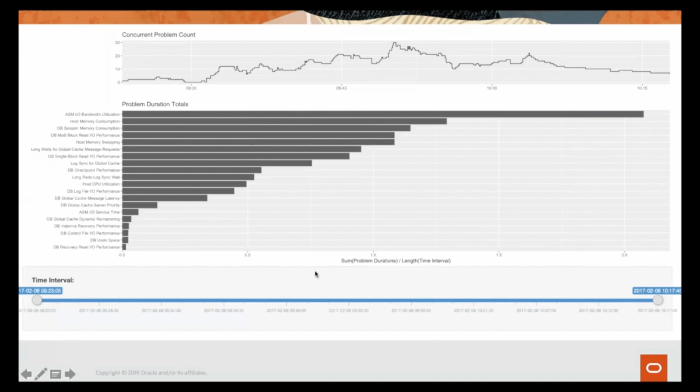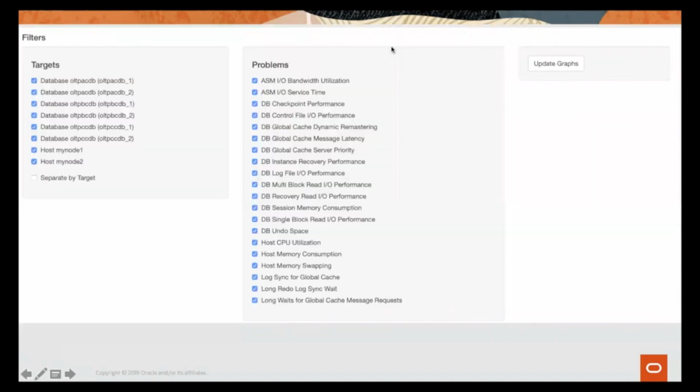We can narrow down to particular time periods where a lot of problems might have been happening, such as this time here. Or you can filter out certain problems if you're only looking at specific ones. So they look like complementary tools that could be used together. Yes, they're complementary.